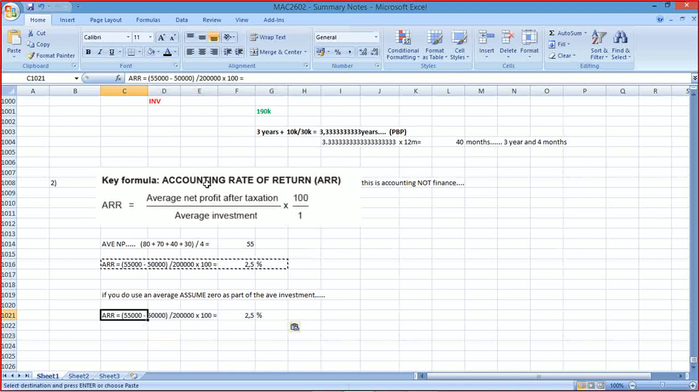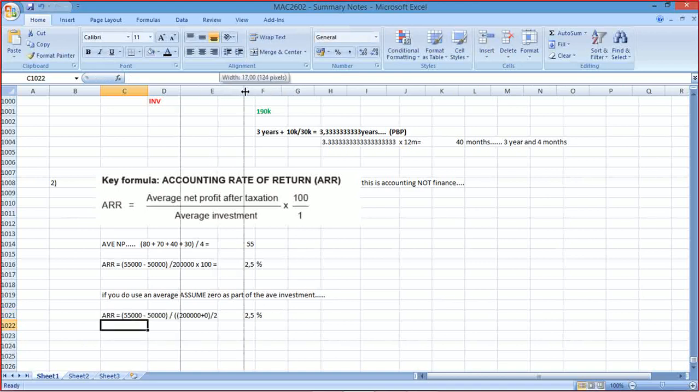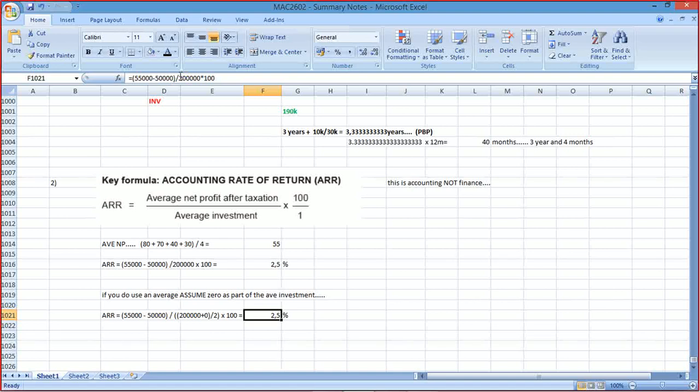So let's just show that. Brackets 200 plus 0, close bracket, divide by 2, close that bracket. That gives me 5%. See that? Is that right? Yes, sir. Alright, so that's pretty much it.